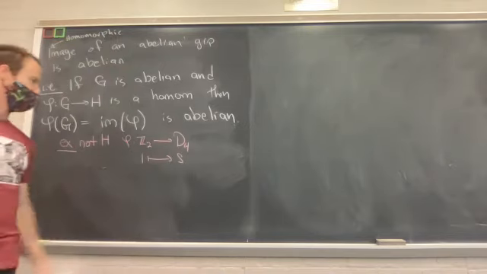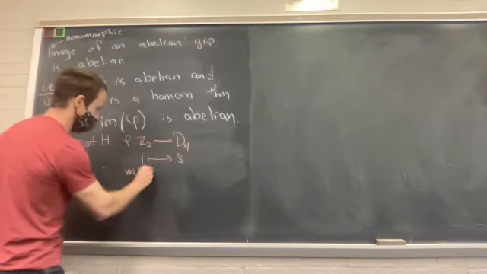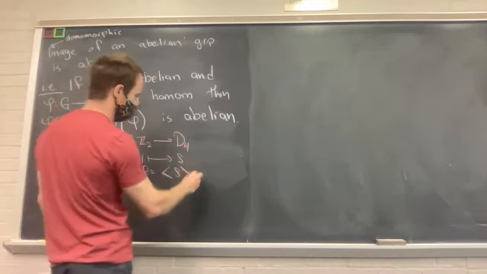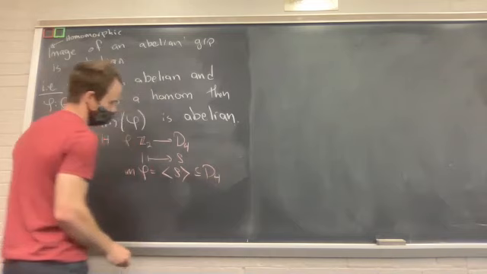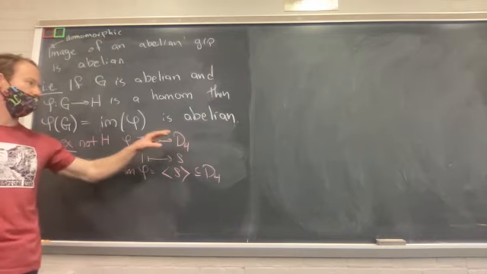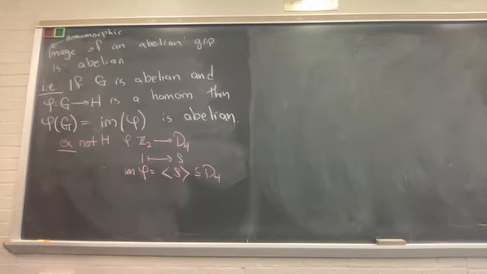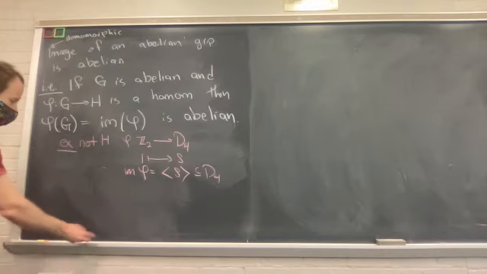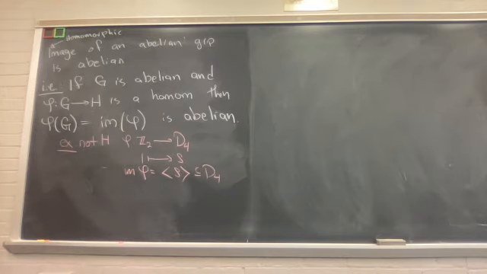Notice the image of phi in this case is the cyclic group generated by S inside of D4, which is just the identity and then the reflection S. So the image is abelian, but the whole codomain D4 is non-abelian. It's just we miss everything that would make the image not abelian. We don't land on it. So that's an example of how this might break down.